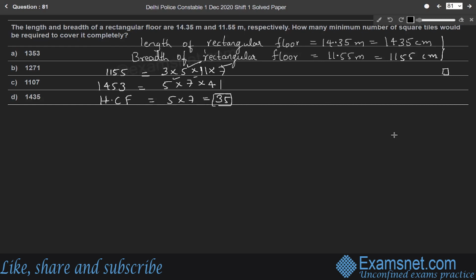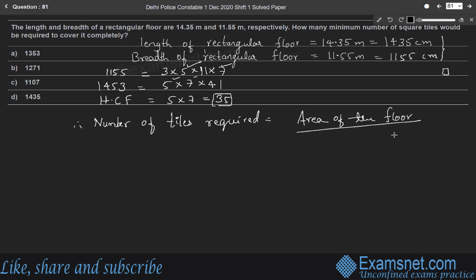Therefore, the number of tiles required is equal to the area of the floor divided by the area of each tile.